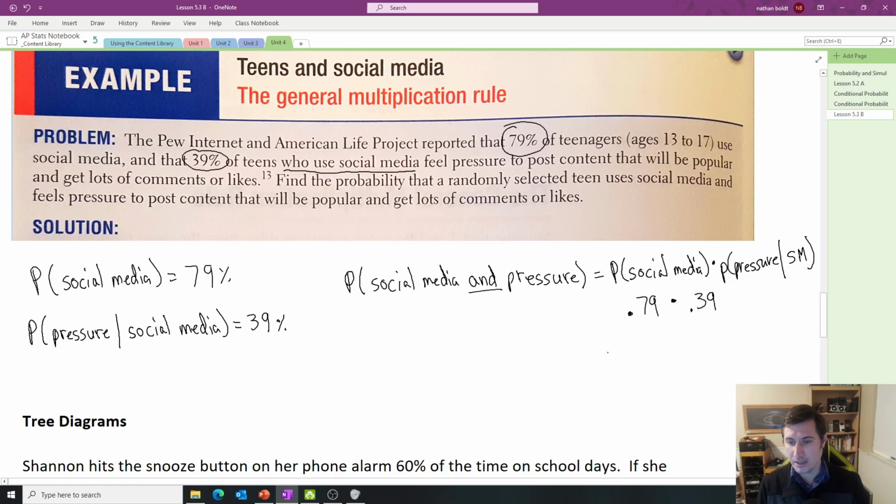There we go. Equals 0.79 times 0.39, which is about 31%. So there's a 31% chance that a randomly selected teenager will be using social media and feel pressure to post something that gets a lot of likes.